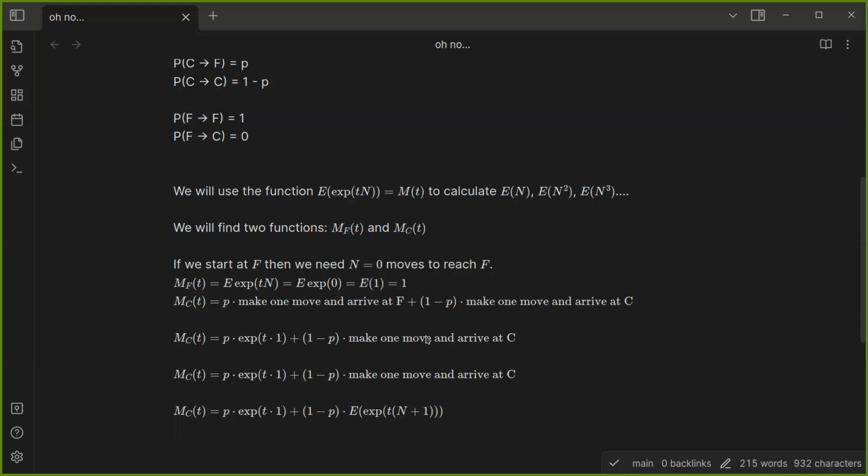I've just spent my time, so I add one. But the game starts anew, and once again, before me, I have a random number N of moves to finish the game. So that's why I have T multiplied by N plus 1: N moves ahead of me, and 1 move behind me. I have done 1 move, and I haven't changed my position.